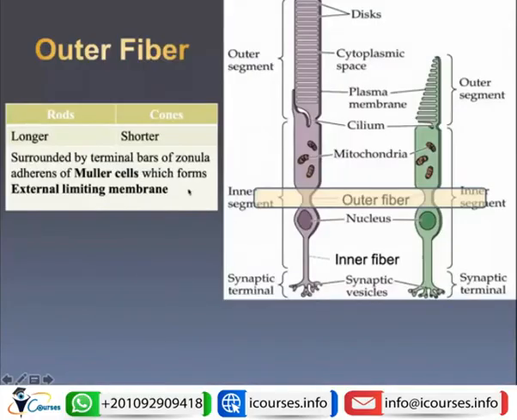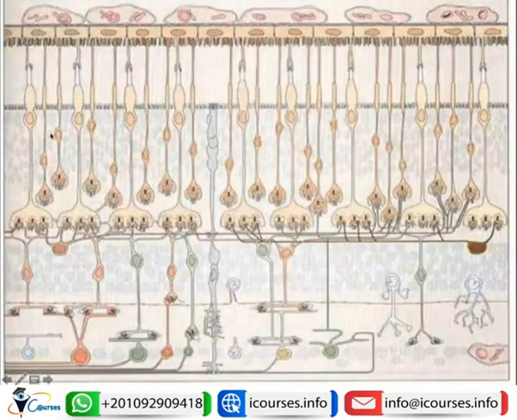So again, outer fibers together with the zonula adherens of the Müller cells form what's called the external limiting membrane. Here is the Müller cell, and here is the external limiting membrane formed by the zonula adherens of Müller cells and the outer fibers of the photoreceptors.